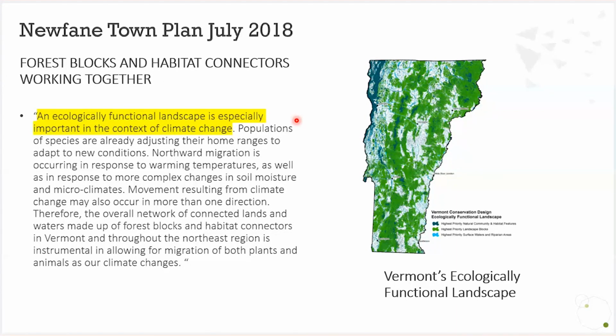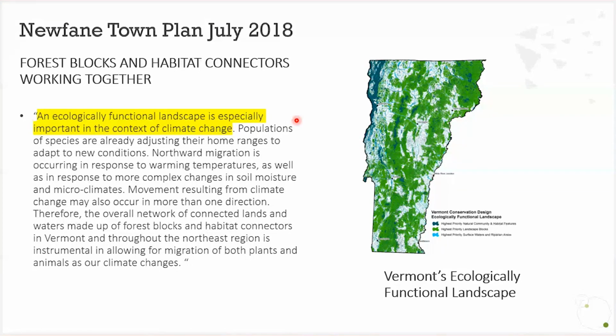So in the context of this plan, they took the blocks and explained why they're important for all of these different values. They looked at the connections. Why are they important? Then they went up to pattern across the whole town. And now they're expressing that pattern as an ecologically functional landscape that they need to maintain into the future.